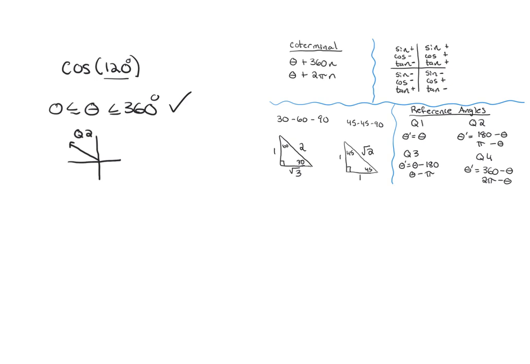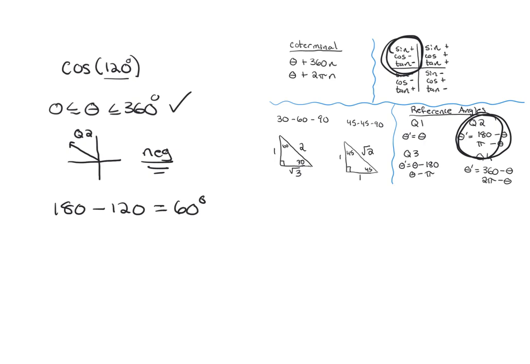All right, so now in quadrant 2, if we look over here, cosine is negative. So I know my final answer is going to be negative. And then in quadrant 2, to find the reference angle, I'm going to do 180 minus 120, which is 60.